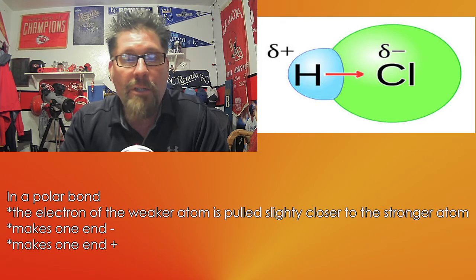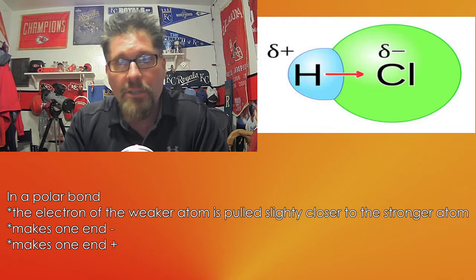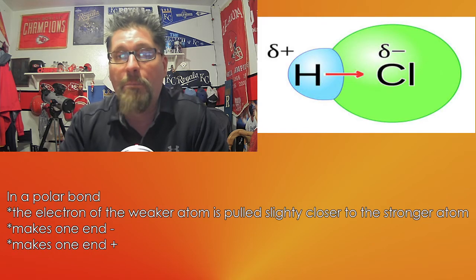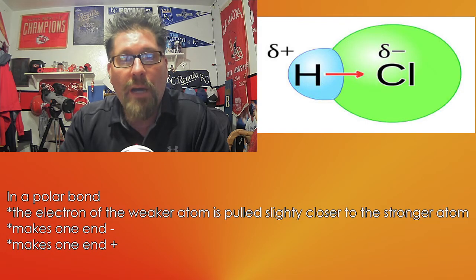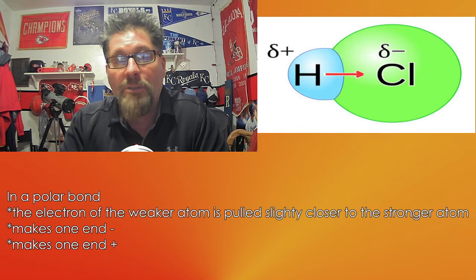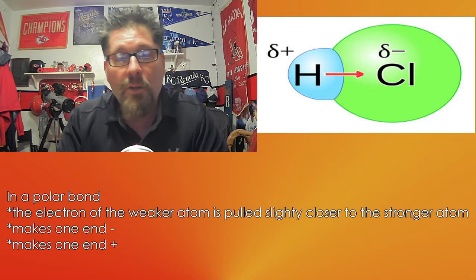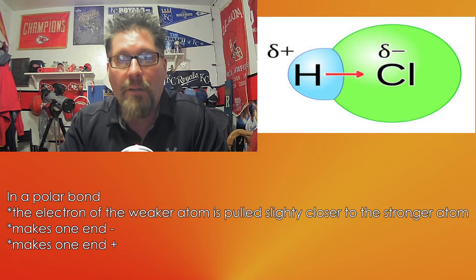The idea is the electrons of the hydrogen are pulled a little bit closer, in this case by the chlorine. It also happens in water, which we'll talk a bunch about because it's a huge deal. And when that electron is pulled a little bit closer to one of the atoms, it makes more negative electrons on one end than on the other end, and therefore you have a positive end and a negative end.